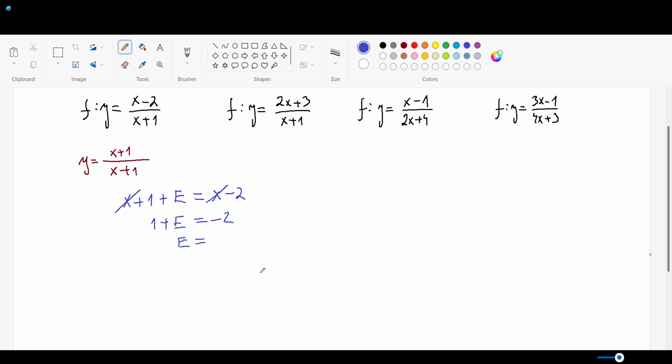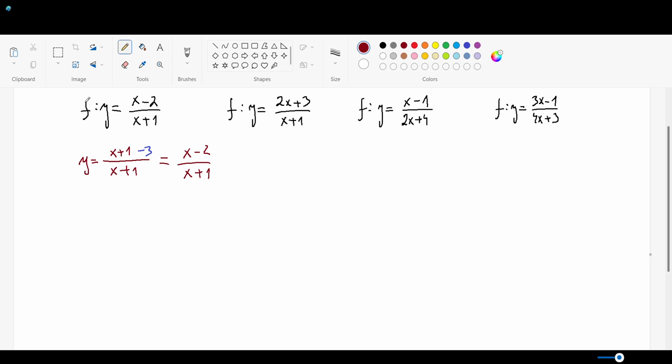So we have to modify the numerator from x plus 1 to take away 3, and then it would really lead us to the fraction x minus 2 divided by x plus 1.